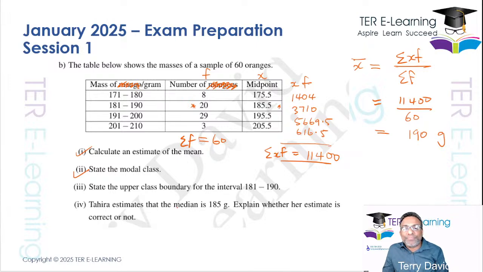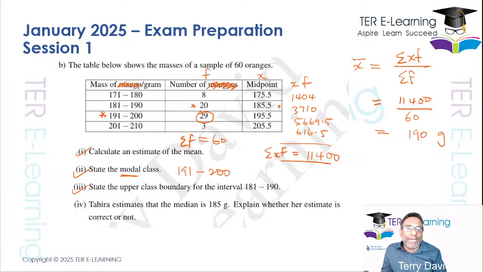Let's see if that's true. Once you see the words modal class, we're looking for where we have the largest frequency. In this case, your largest frequency is 29. Therefore the modal class is 191 to 200. That's correct.